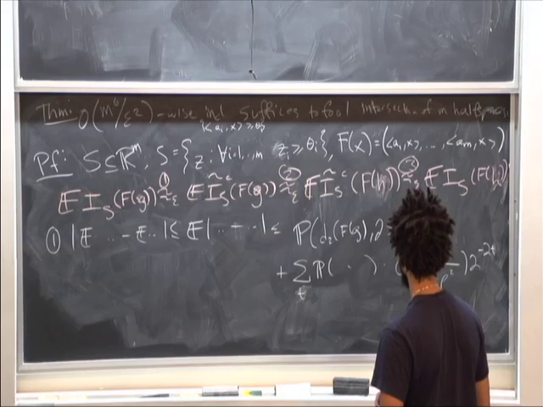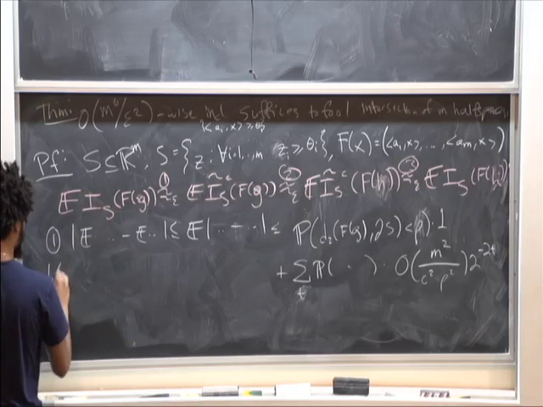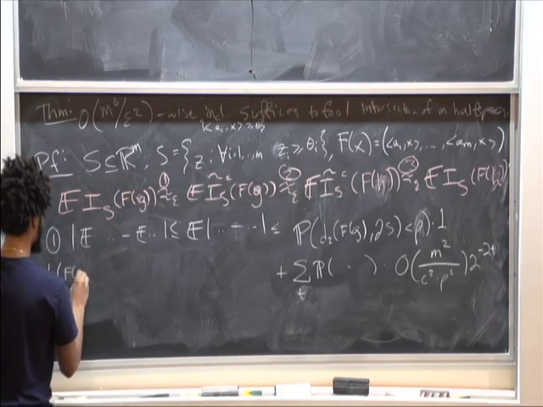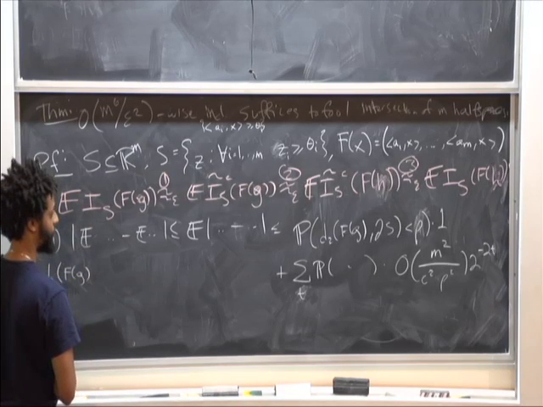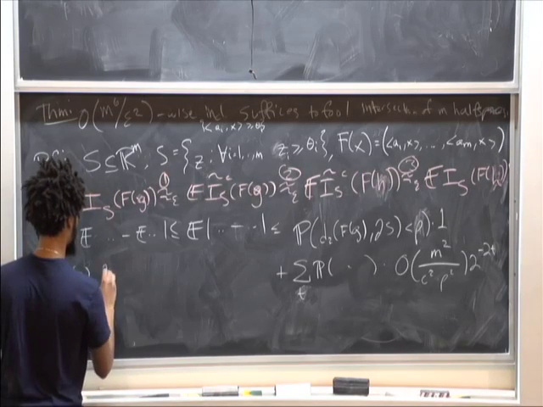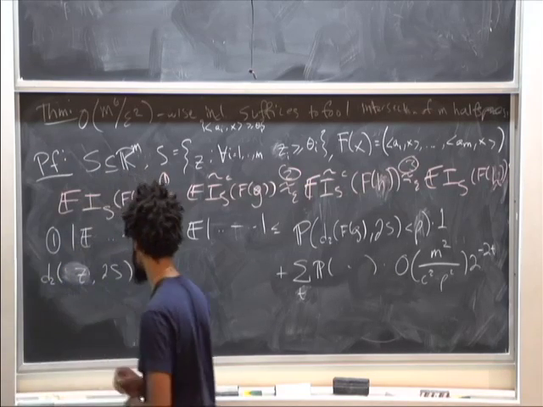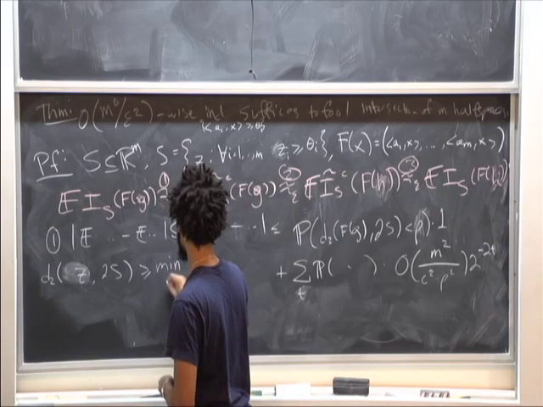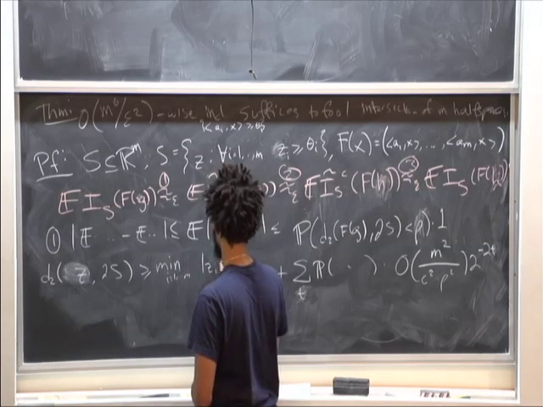Okay, good. And so now, here's the thing. The distance of f of g to the boundary. Well, let me just say in general, suppose you have a vector z. What's the distance of z to this boundary of S? Well, it's at least the minimum over i from 1 to m of |zi minus theta i|.